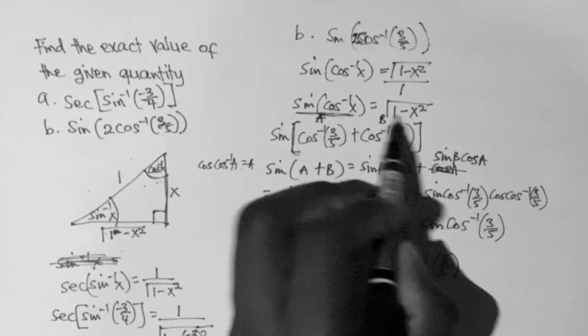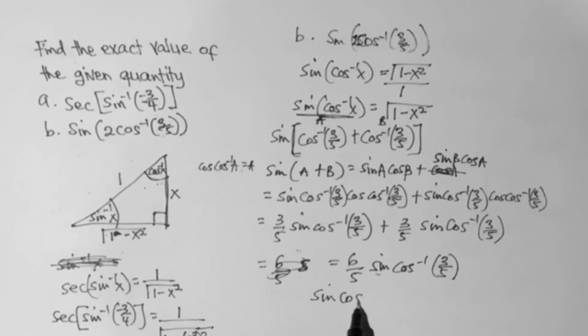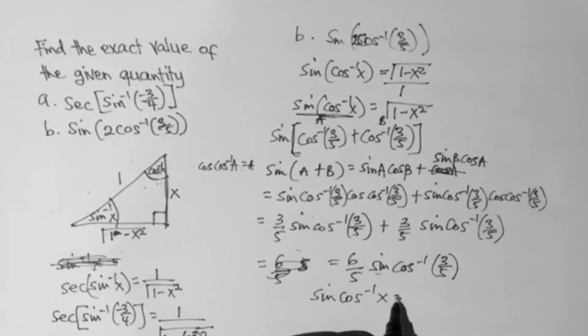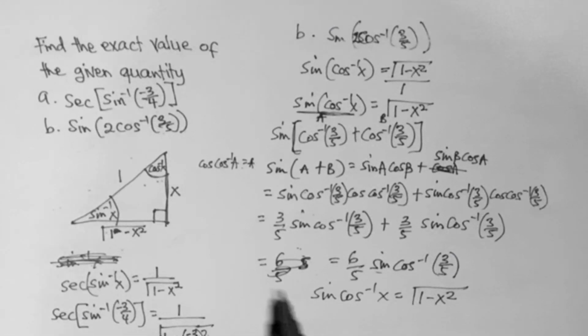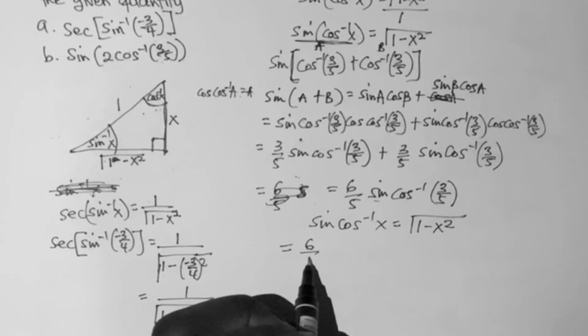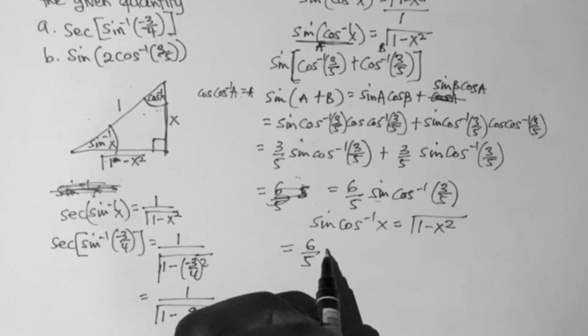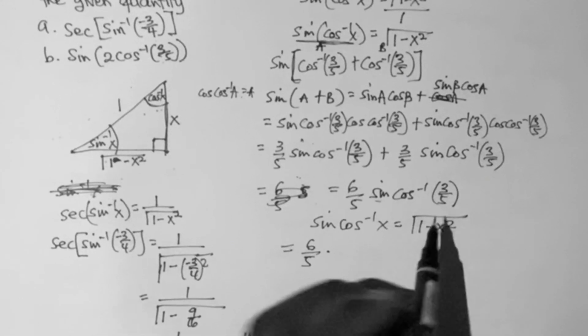So we can now use the identity. We said that sine of cos inverse of x is equal to square root of 1 minus x squared from the special triangles. So this will give us 6 over 5, then times, so wherever we see x here, we replace it by 3 over 5.